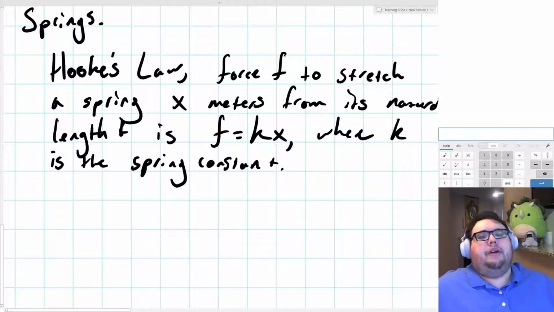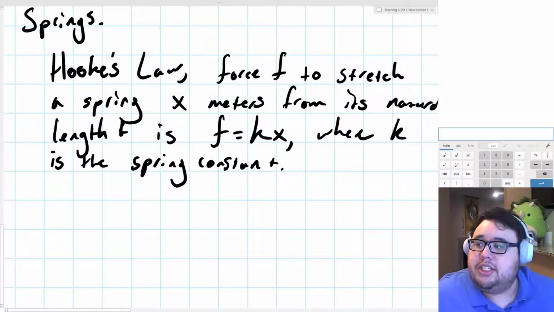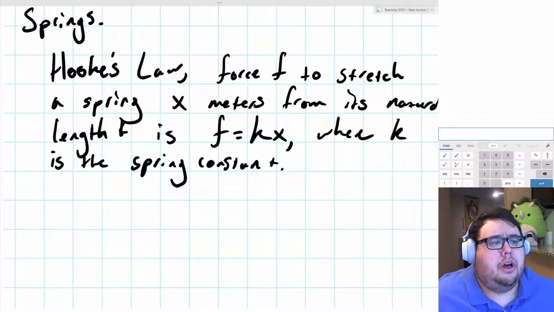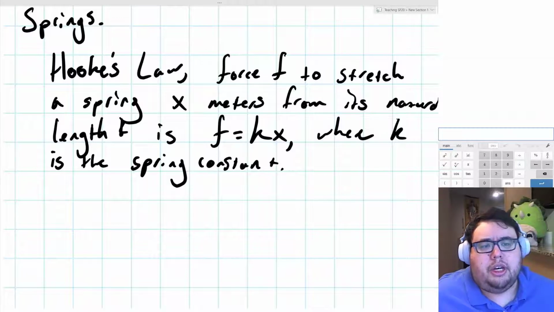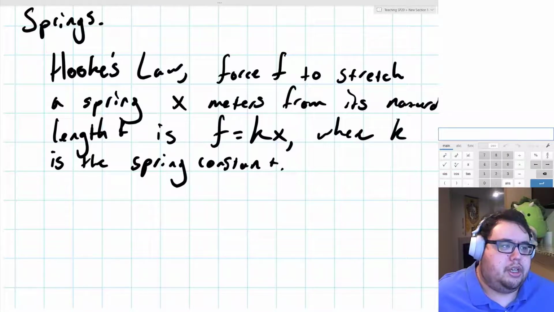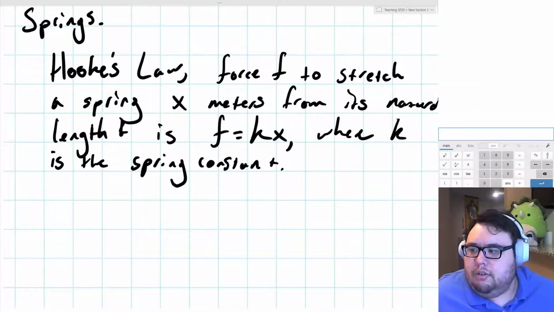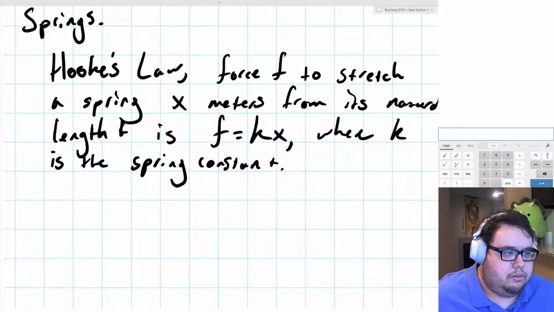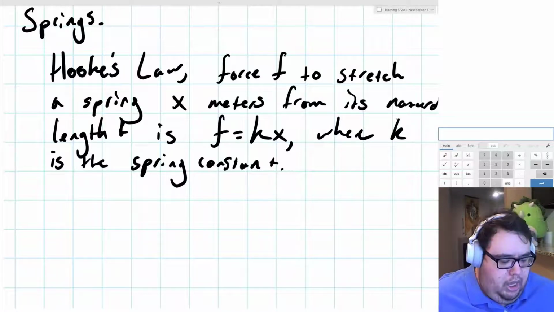The spring constant varies depending on the spring. Some springs are very stiff, and it takes a lot of force to move them back and forth. Some springs are very loose and do not take very much force at all. Think about the spring in a clicky pen versus the springs in the shock absorbers in your car. The springs in the shock absorbers in your car are constantly under the force of several thousand pounds, or well, more than 2,000 pounds probably.